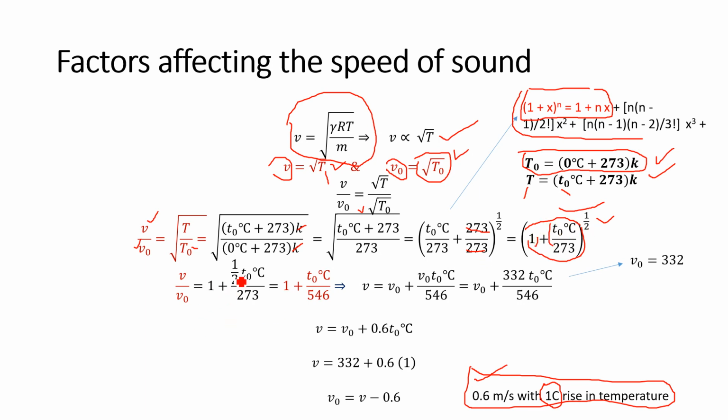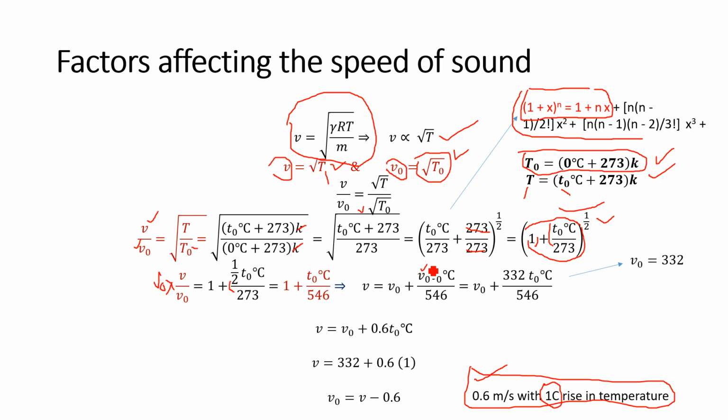So we have 1 plus n times x, where n is 1 over 2 and x is t degree centigrade divided by 273. Now this 2 will multiply with 273, which becomes 546, and multiplying V naught on both sides of the equation, we will get velocity V is equal to V naught plus V naught t degree centigrade divided by 546.